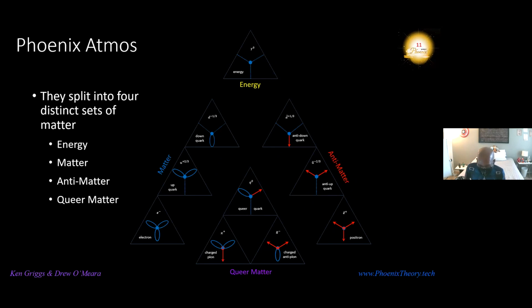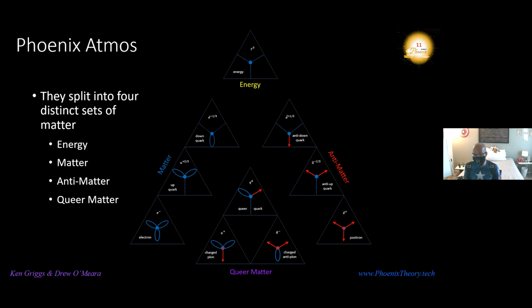Now, a long time ago when I was working with Jeremy, he gave a great word to these building blocks, and he called them the atmos, which I'll let Jeremy explain if he wants to a little bit. But this atmos concept allows us to think about the building blocks in terms of how we see quarks and how we see matter. Normally there are 3 types of matter: energy, matter, and antimatter.